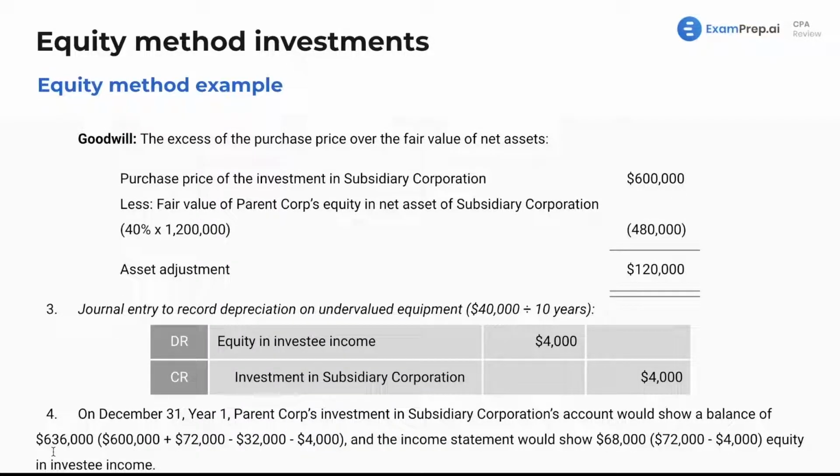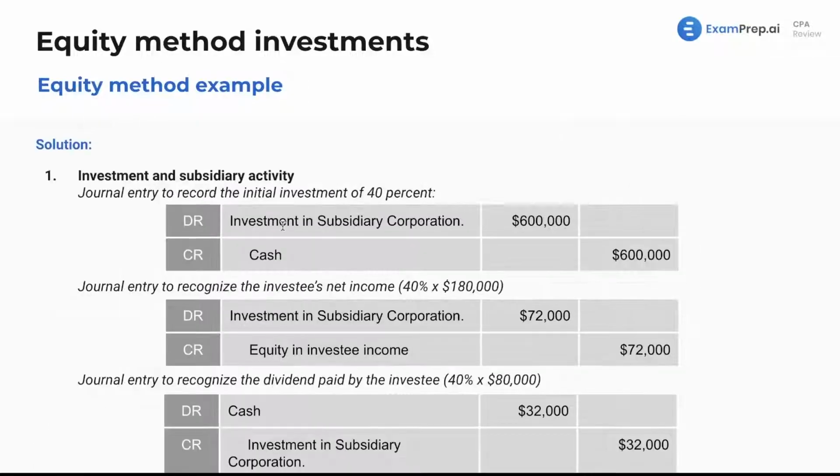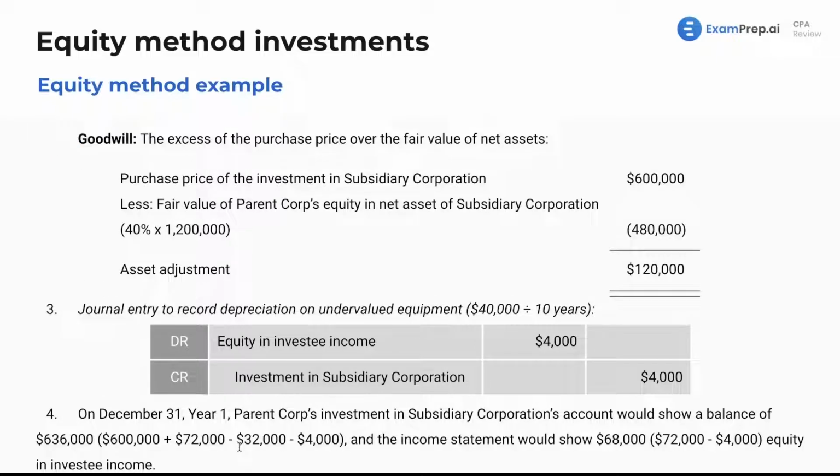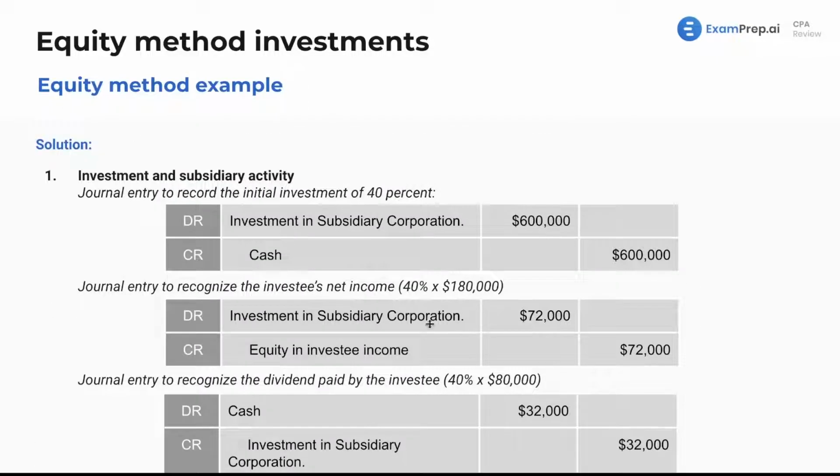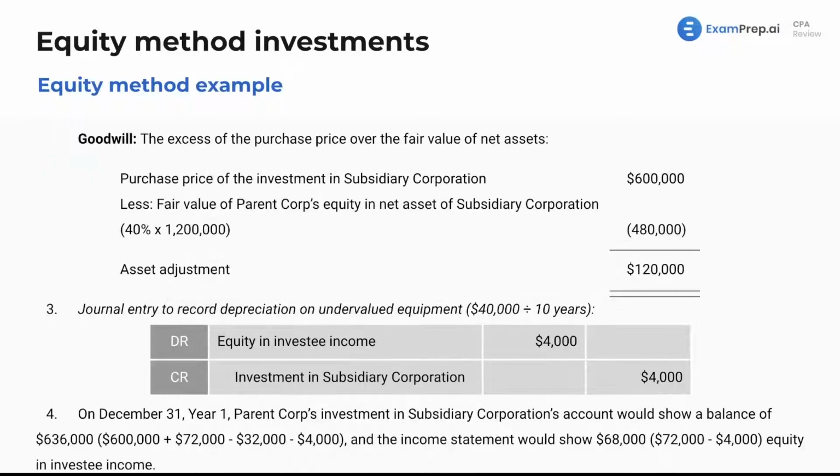This 636 takes into account our initial investment plus $72,000 of our share of net income, because that increases our investment in the subsidiary, minus 32. Where's that 32 from? That 32 is the dividend paid by the investee, subtracting out another 4,000. That is from recording depreciation on undervalued equipment.